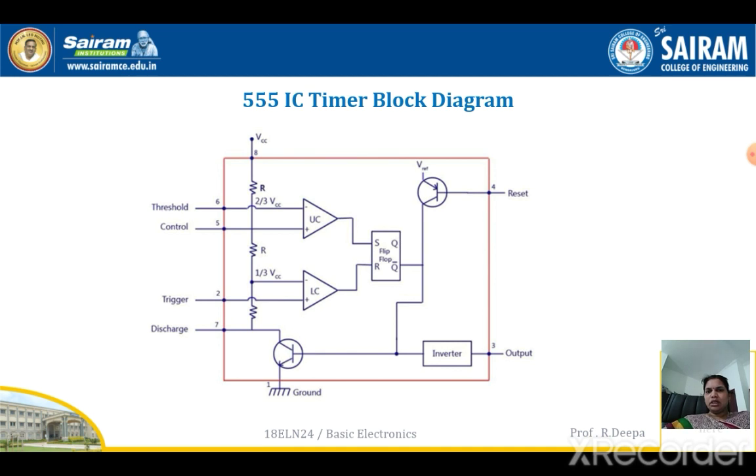The internal block diagram of the IC555 timer is shown here. Basically it consists of 2 comparators, an upper comparator and a lower comparator, an SR flip-flop and 2 transistors along with 3 resistors of the same value R, and an inverter.